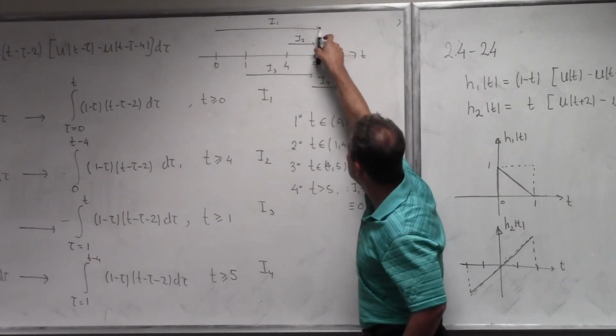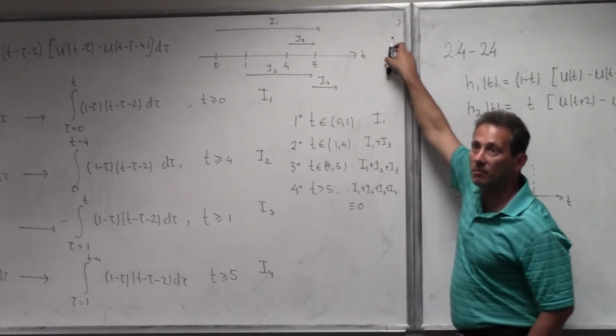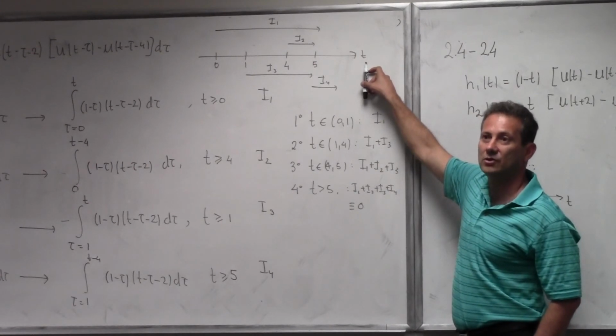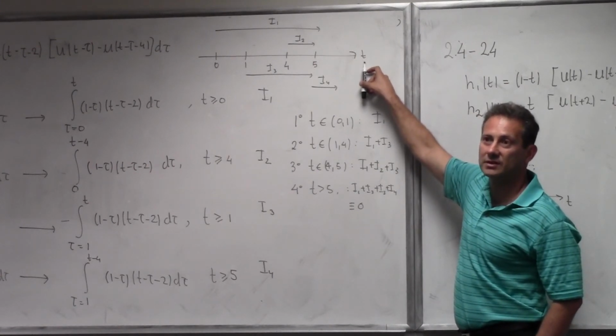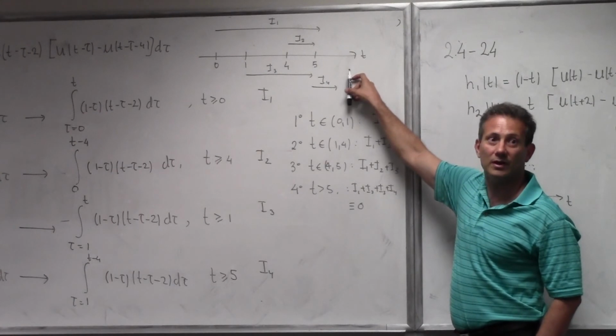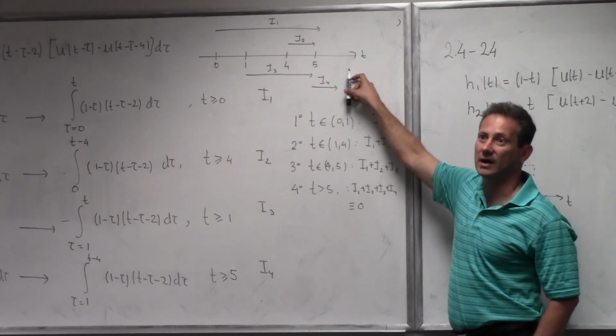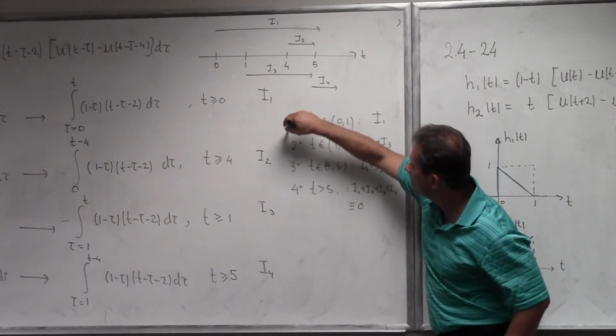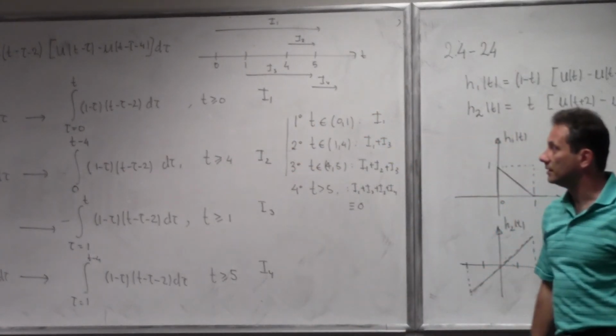Then I have the fourth interval after 5, but I can skip it because I know the result. What is the result going to be? 0, because I know that it terminates at 5. So now I have to do these 3.